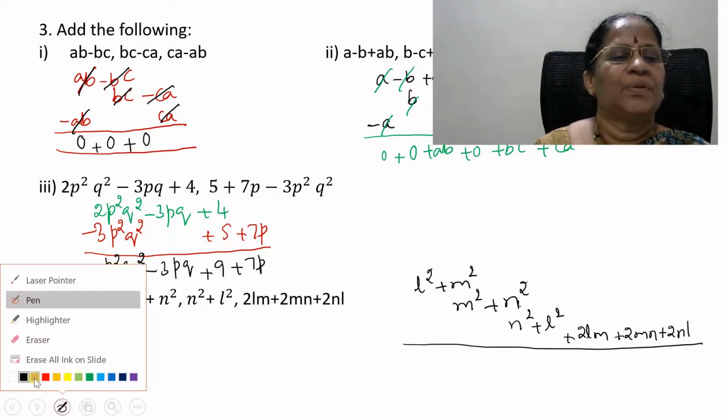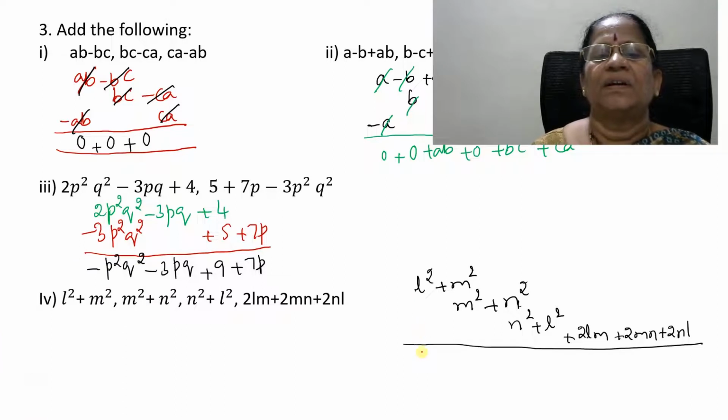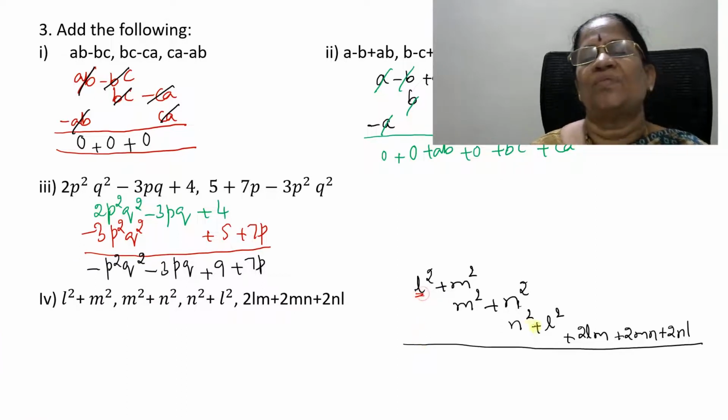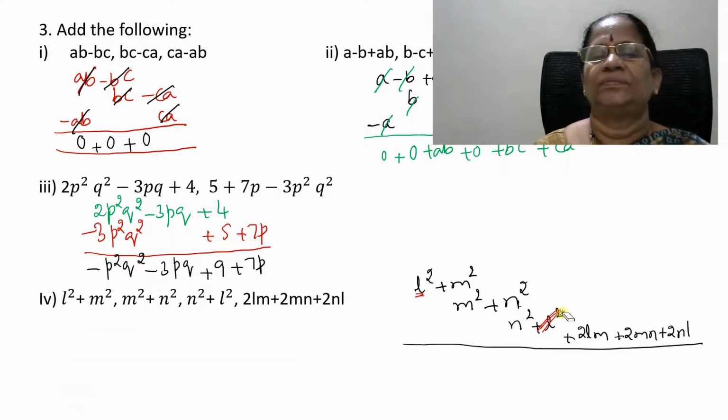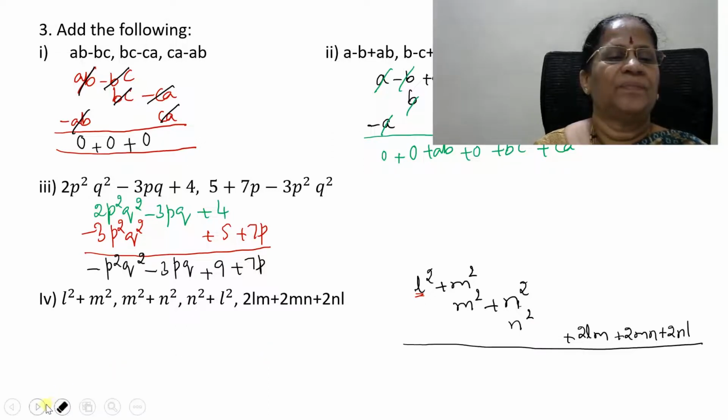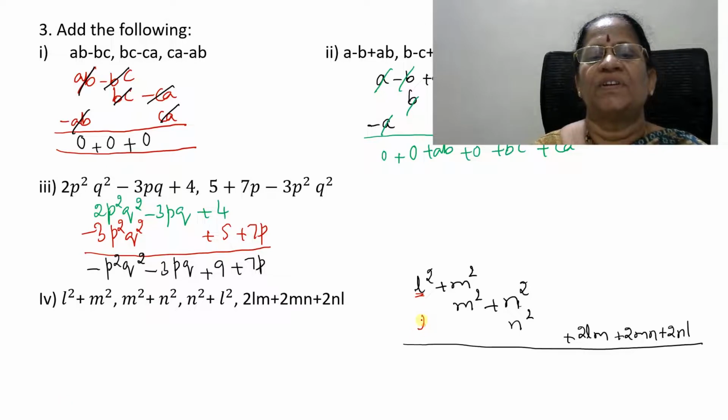Now you add them. You will get L square. You have to add L square. Okay. I had to write this L square. Just a minute. Okay. L square must have written here.